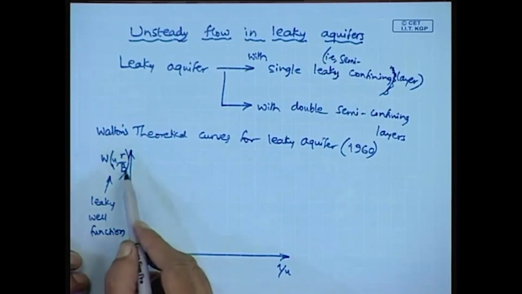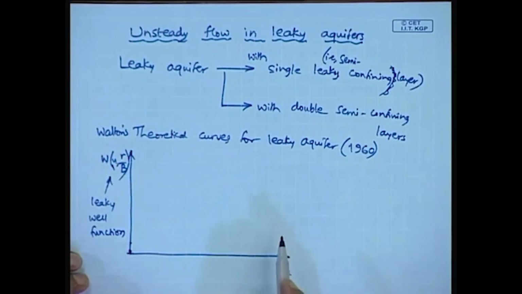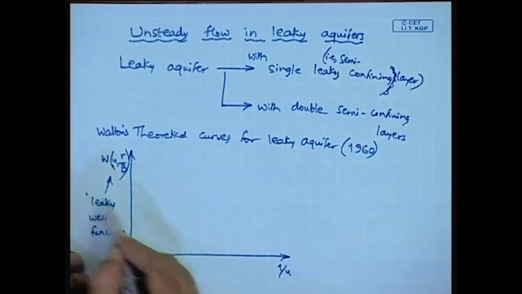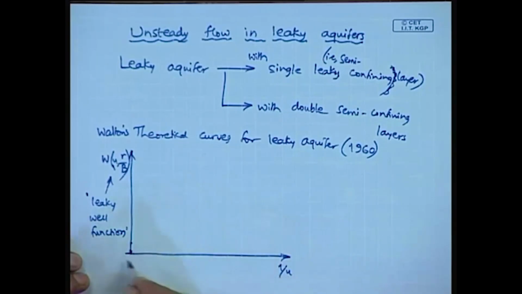Here there are two parameters: the first is u and the second is r by b. This is the leaky well function W of u comma r by b, Walton's theoretical curve.